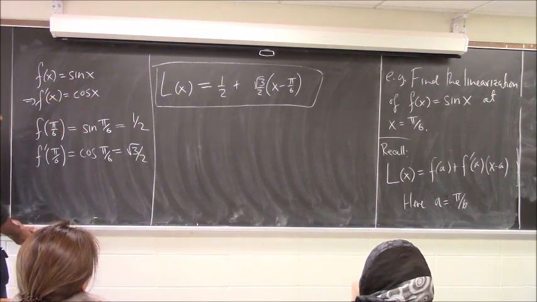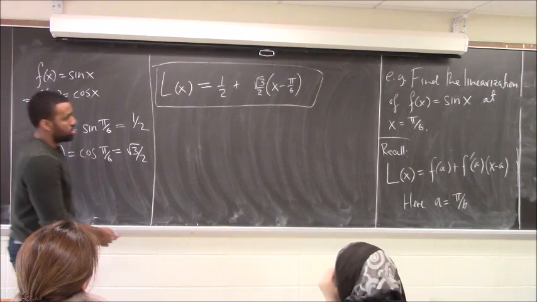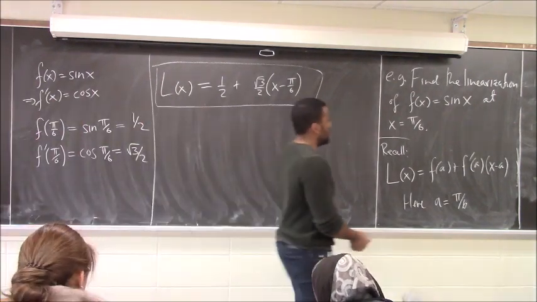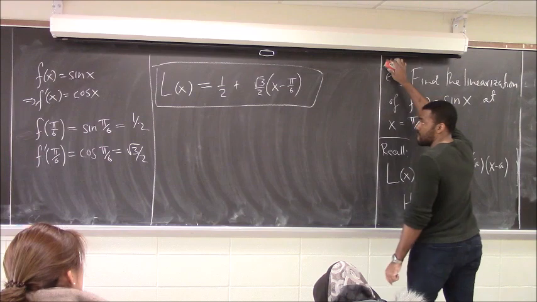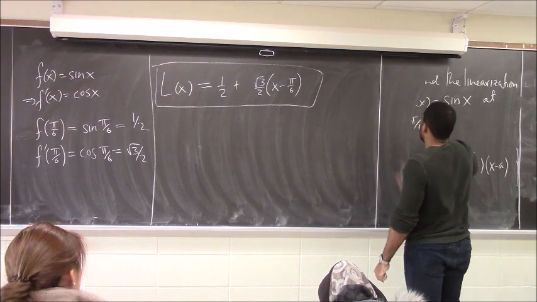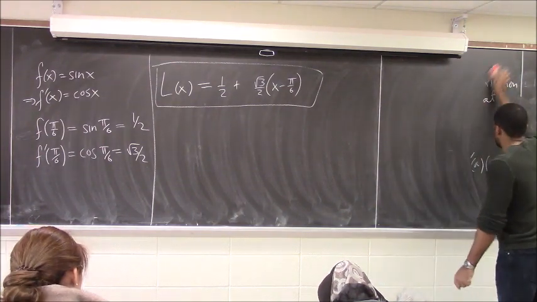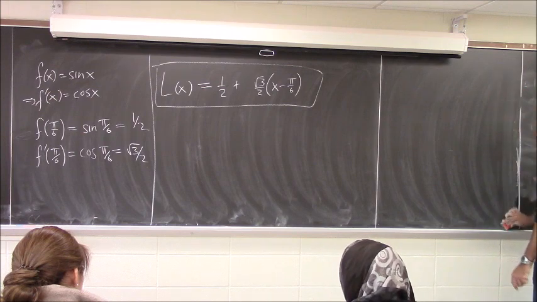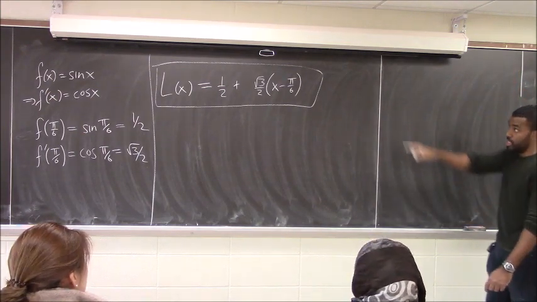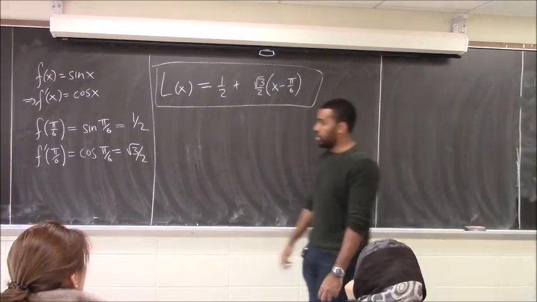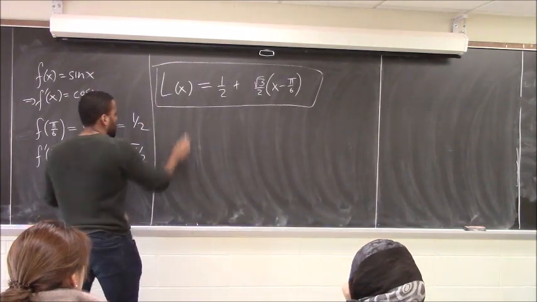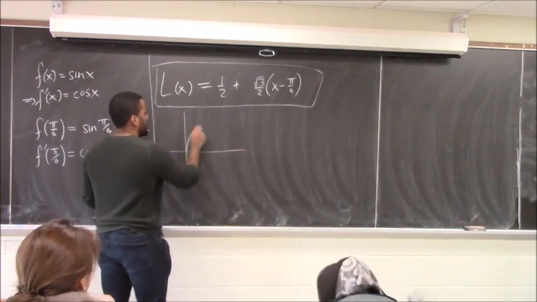So you can do this as a linear approximation. That's the linearization of this function. When x is close to pi over 6, your sine function behaves like this tangent line. So sine looks like that.